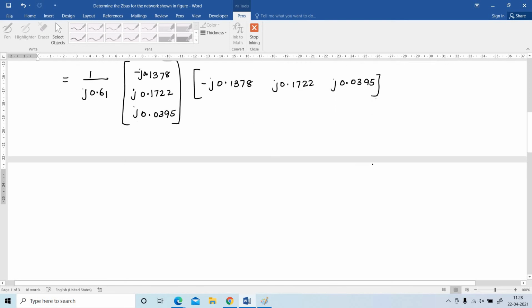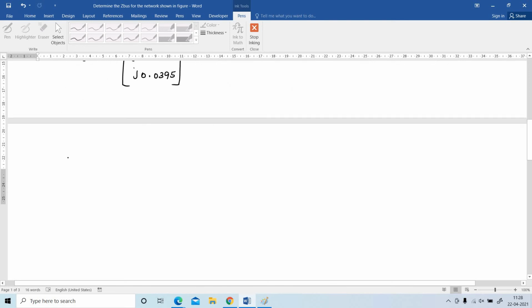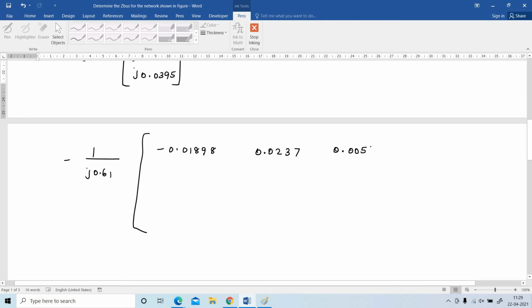Next, multiply this. So 1 by J 0.61 here minus 0.01898, 0.0237, 0.0054.